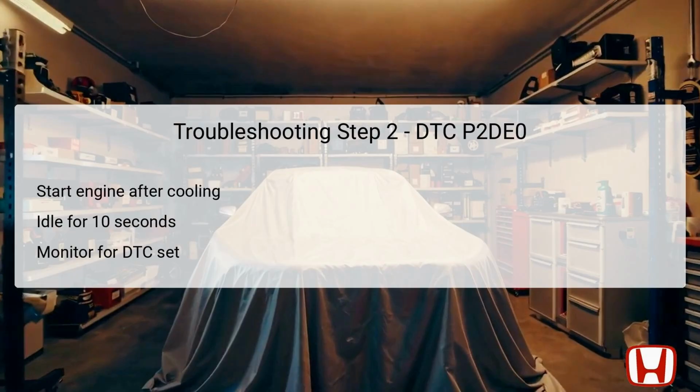In the second step of the troubleshooting process, start the engine after it has cooled and let it idle for a minimum of 10 seconds. This step is crucial for determining whether the DTC P2DE0 reoccurs under these operating conditions. During this idle period, it is essential to monitor the engine's performance and the data readings from the relevant sensors.